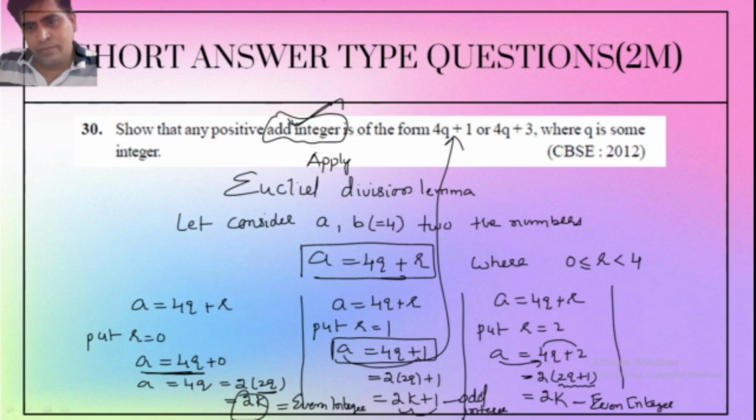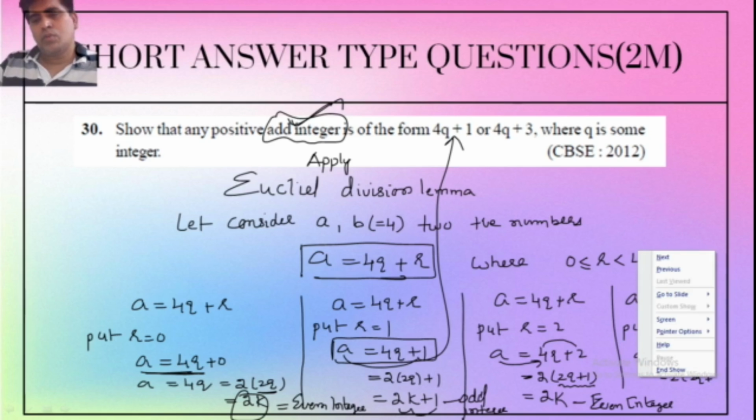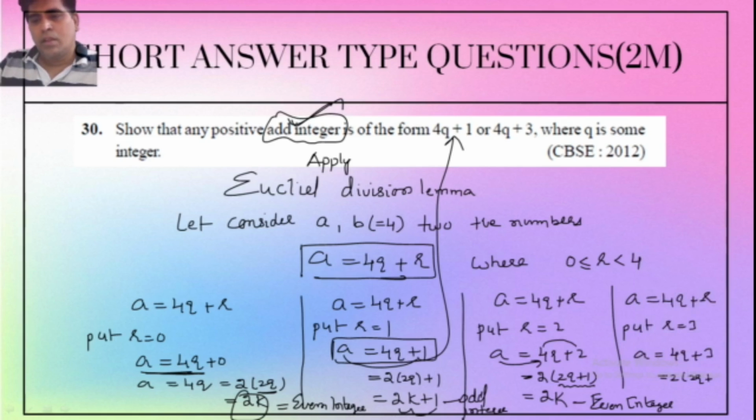So last one, in the same expression, a is equal to 4q plus r. Substitute r is equal to 3. We are getting a equals 4q plus 3. So this is nothing but 2 into 2q plus 3, and this 3 can be written as 2 plus 1.